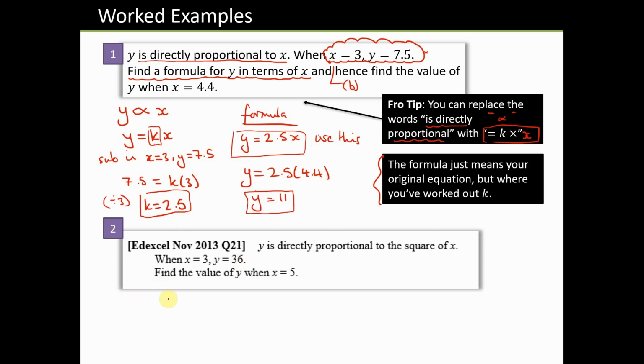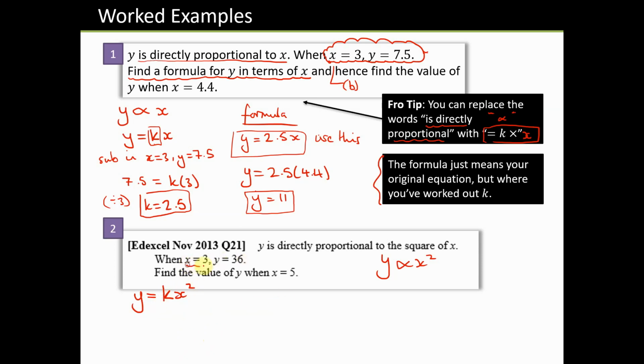Second question. Y is directly proportional to the square of x. So I'm going to say y is proportional to the square of x, which is x squared. When I go to write this, instead of writing the proportional sign, I'm going to write equals k times by. So in this case y equals kx squared.